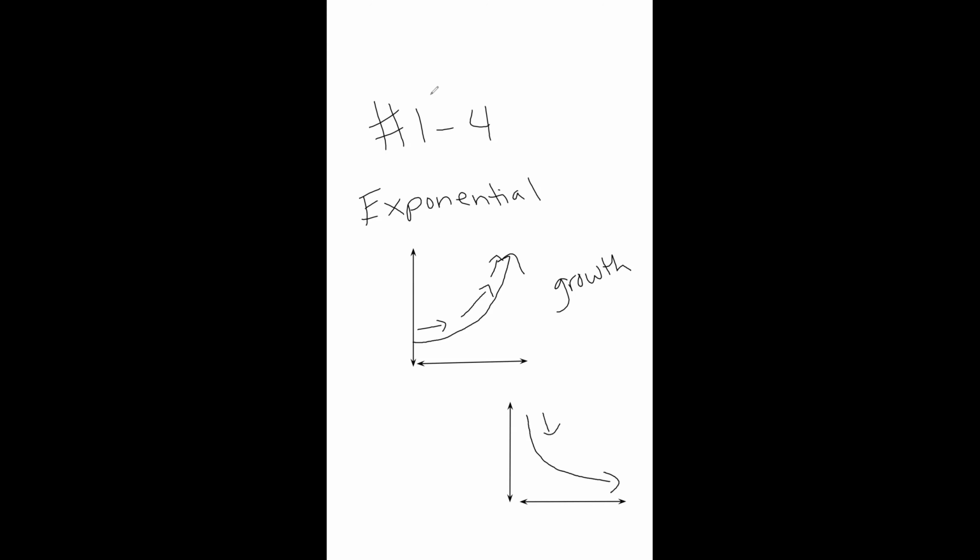It's going from left to right, it's going down. So this is a decay. And that's all you're doing for numbers 1 through 4 is just looking at the graph and saying, okay, is that a growth or a decay? Make sure you're looking at this line in particular or one of these lines. And then read the graph from left to right.